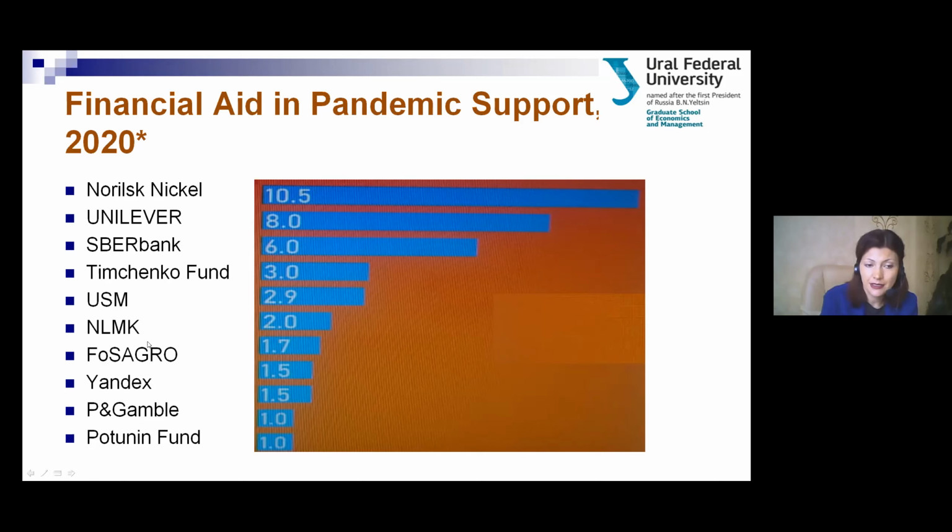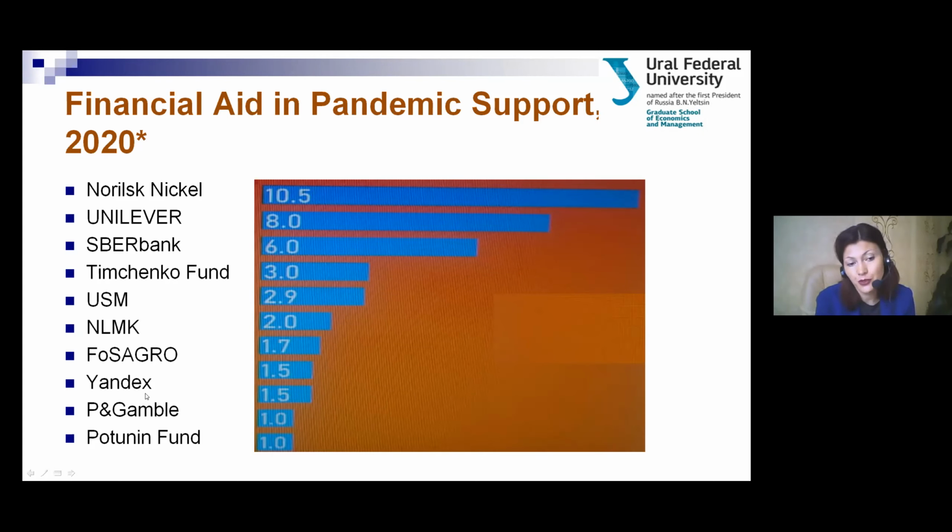Interestingly, in this list, we see an agro company, which is one of the biggest, and one from outside of Russia might think that in fact this industry is under sanctions and they would not invest a lot. But they've invested quite a lot of money to help their external stakeholders during this pandemic lockdown.